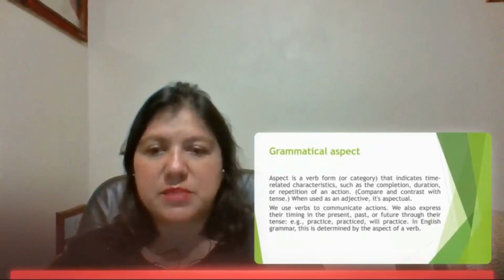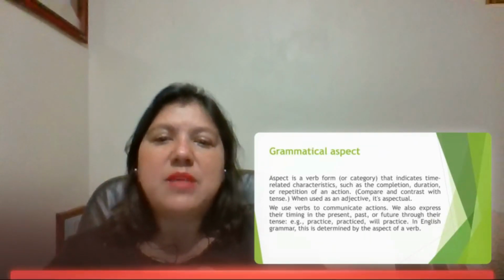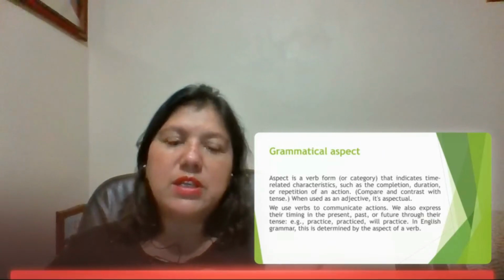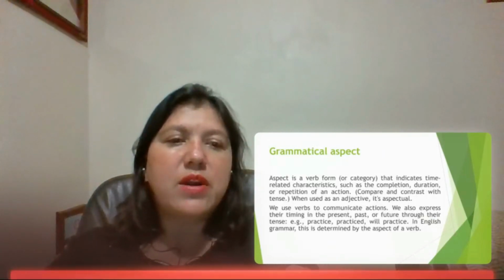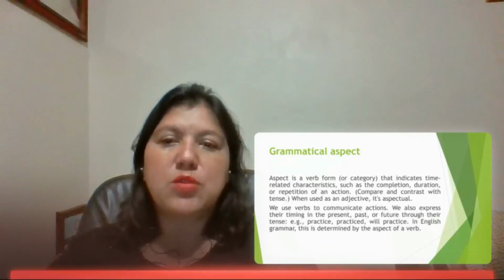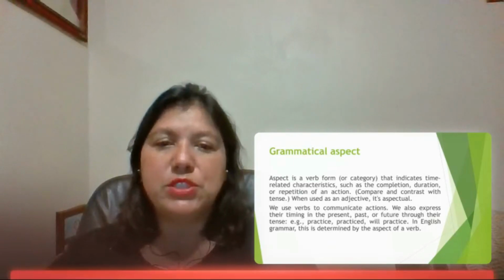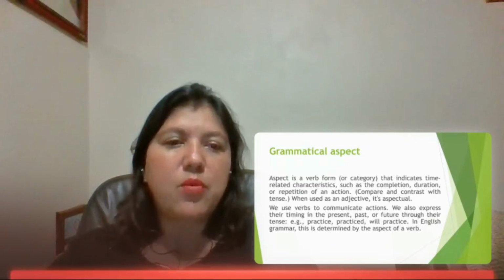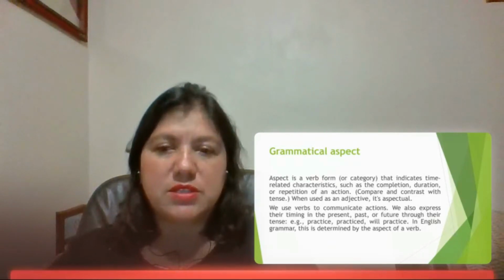The next point is grammatical aspect. Aspect is a verb form or category that indicates time-related characteristics, such as the completion, duration, or repetition of an action. Compare and contrast with tense.